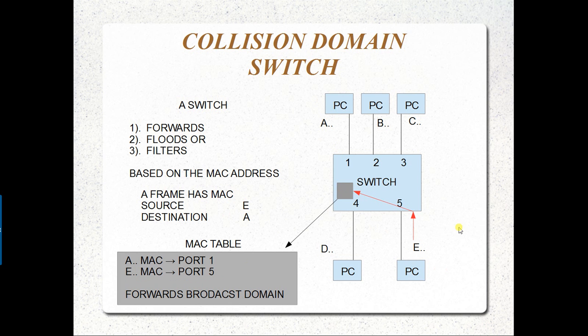And now it knows where A is. A is out port 1, so it forwards. It doesn't have to flood out every port anymore.